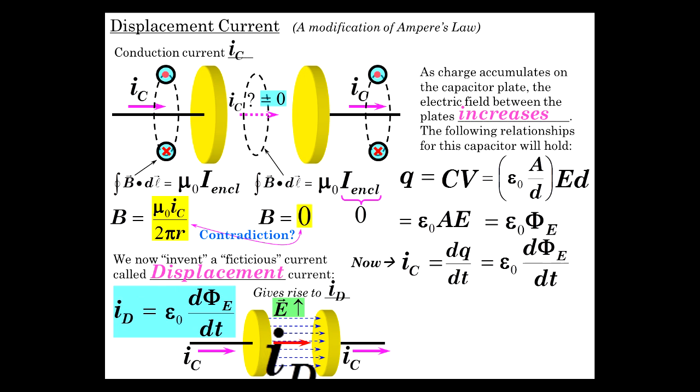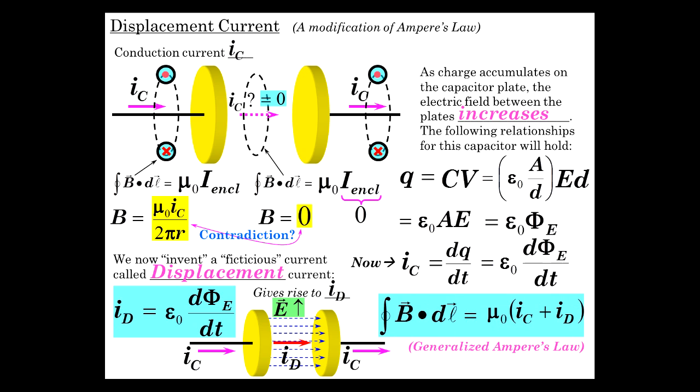So there you go. Here's some validation. We're going to call it I_D for displacement current. The closed integral of B dot dl equals mu 0 times I conduction plus I displacement. So this is the modified form of Ampere's law. It includes regular conduction current and displacement current that we just defined.